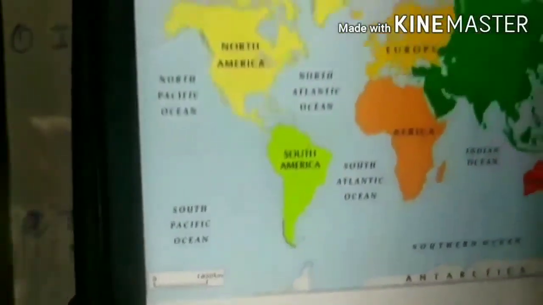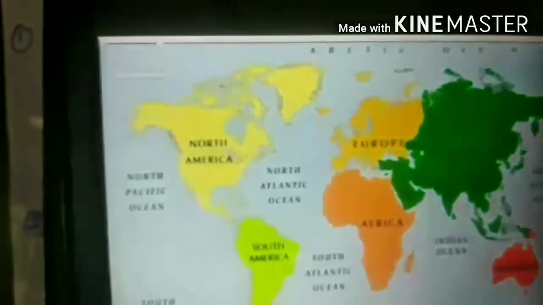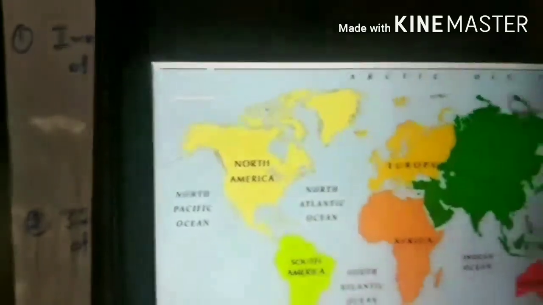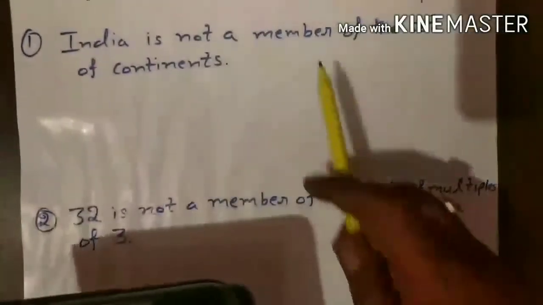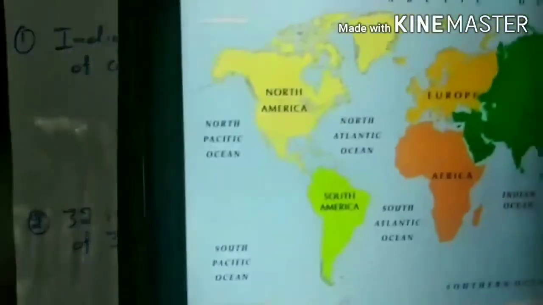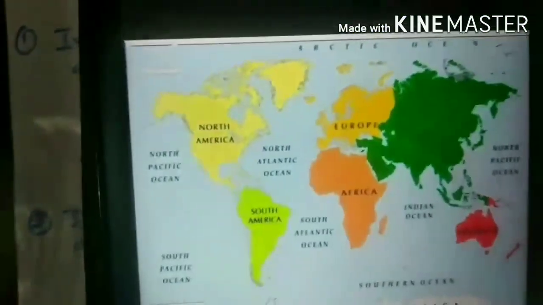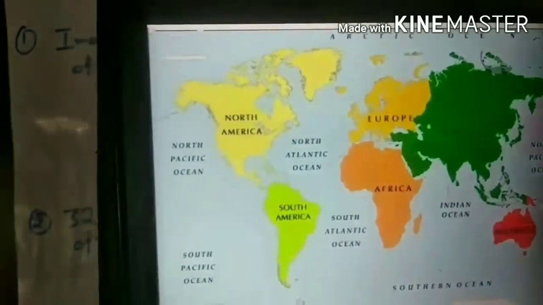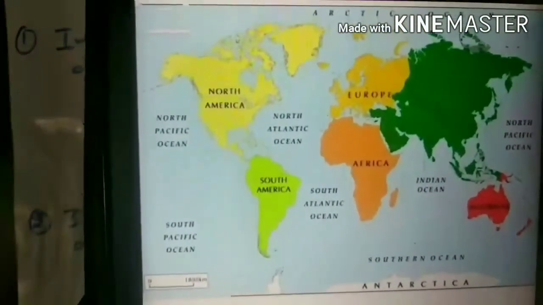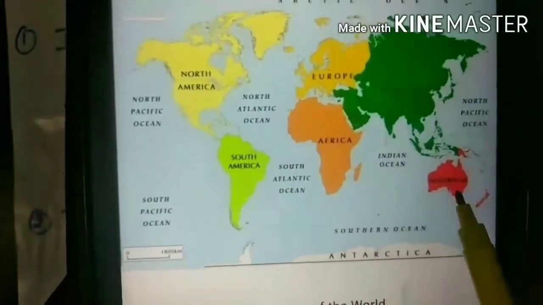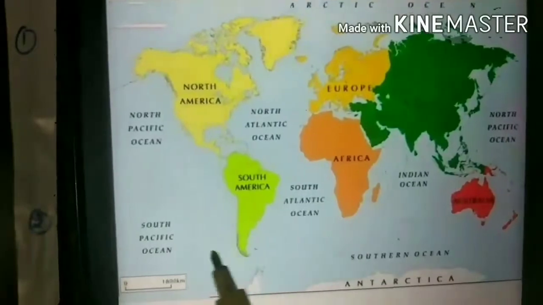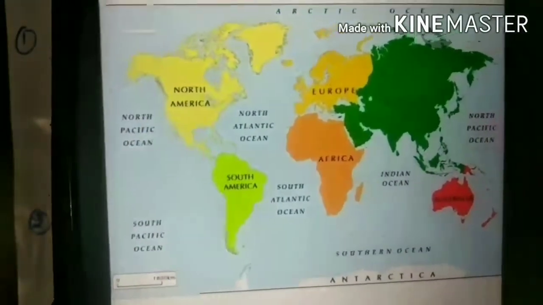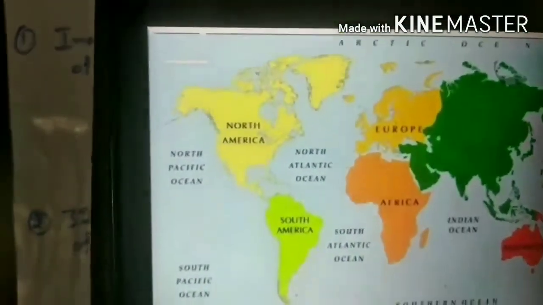So 7 continents are there in the world, but you will see India's name is not there. So India is not a member of the set of continents. You will not see India in these 7 ones. The first is Antarctica, after that Australia, Asia, Europe, Africa, South America and North America. So India is not there.